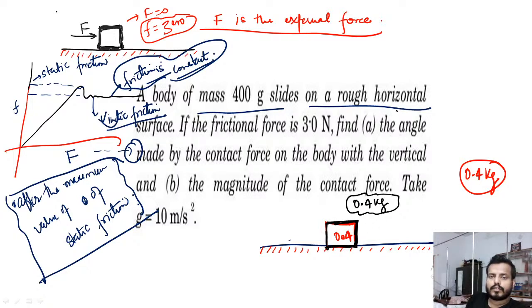When it slides on a rough horizontal surface, the friction force is 3 Newton. The angle made by the contact force on the body along. So if the friction force is 3 Newton, this is 3 Newton friction, and this is your normal, which is equal to mg. So 0.4 into 10, that will be 4 Newton.